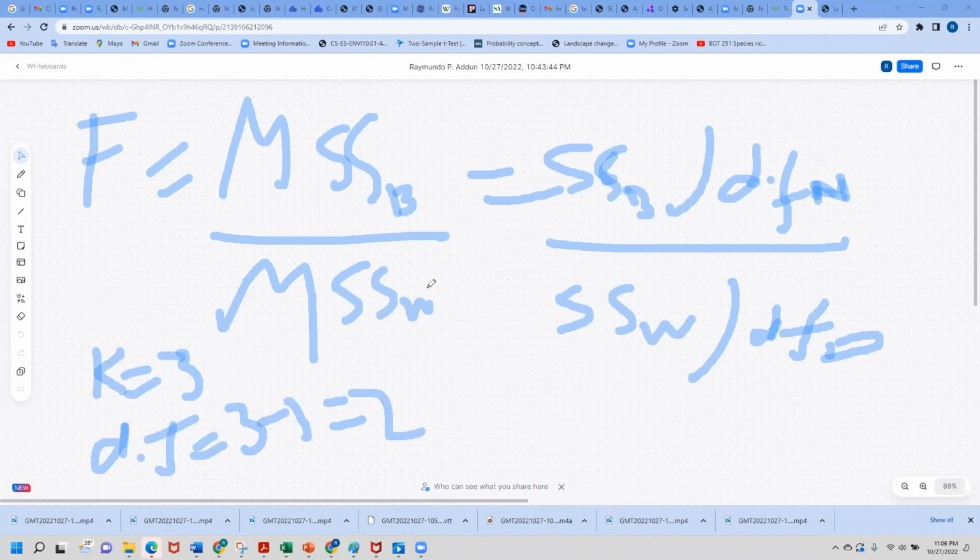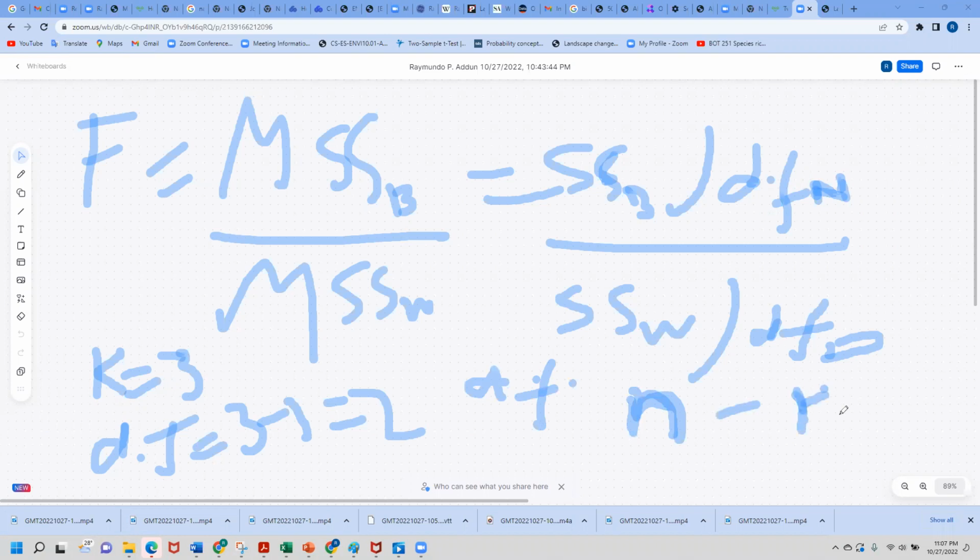And the degrees of freedom of the denominator, the sum of squares within, is the total number of items in your groups, 30 or 40 or 50, minus k. So it's n, the total number of samples, minus k.